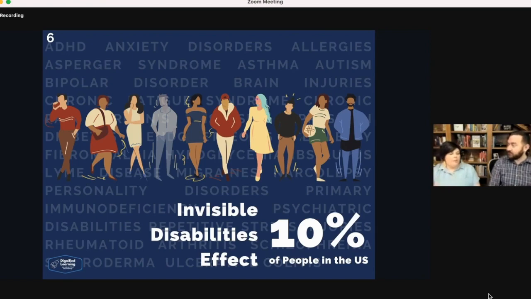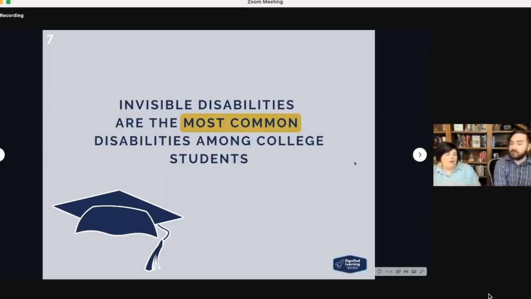Right, and accessibility doesn't even necessarily have to have a disability associated with it. Accessibility is really about removing barriers to learning. And when you're talking about invisible disabilities, and you are looking at young adults that are getting ready to enter the workforce, invisible disabilities are the most prevalent, common amongst that group of students.